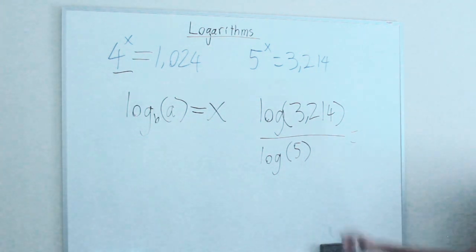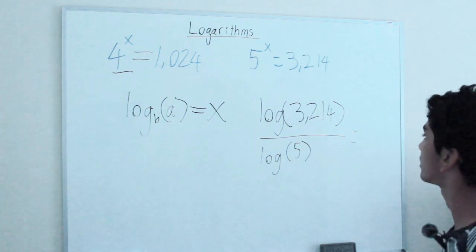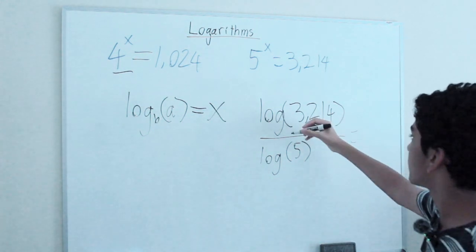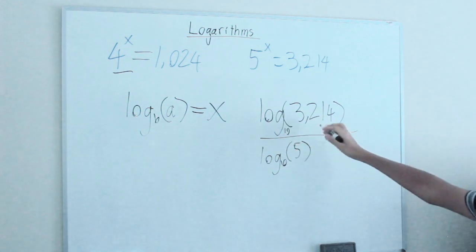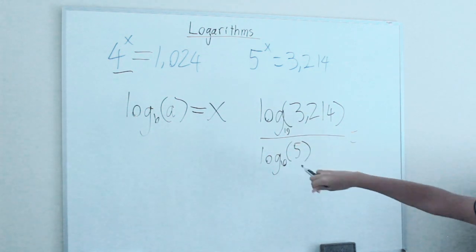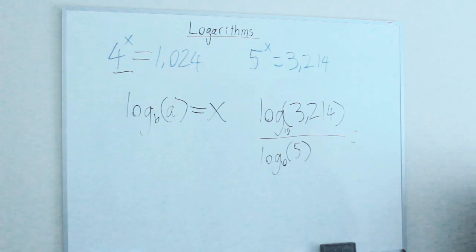In this case, we don't have a base because you can't enter a base in the calculator. So the base by default is 10. But when you divide this number by this number, you want to do log base 5, so just put 5 in the denominator.